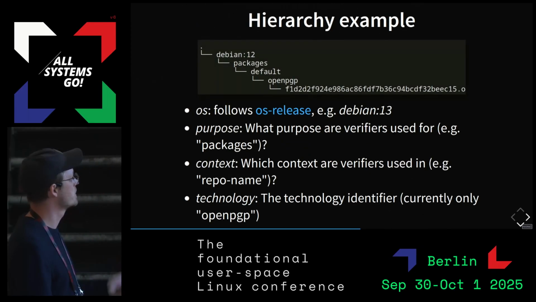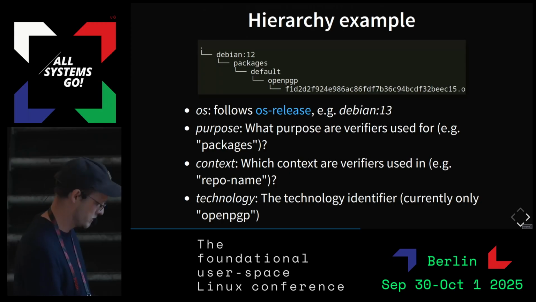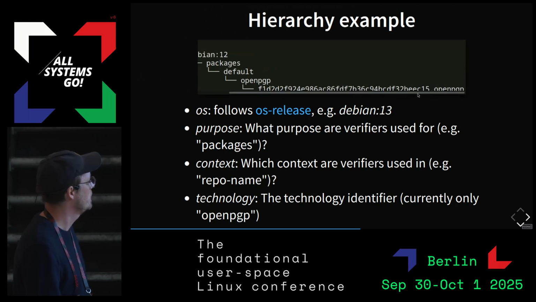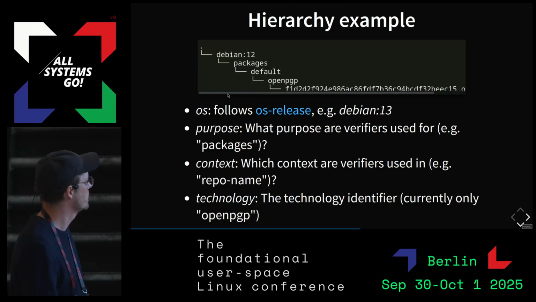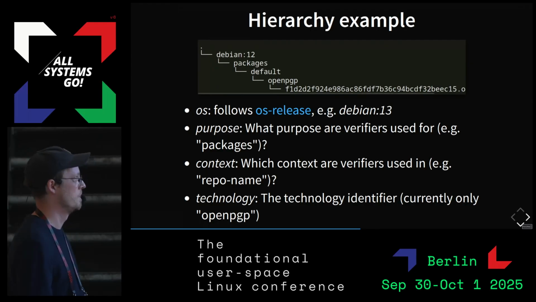This is roughly how it looks. For instance, for an OpenPGP example, it ends in .openPGP in this case. What you can see is that we have this lookup directory, and it's a semantic hierarchy for a particular operating system, in this case Debian 12, and we're making available a verifier for packages in the default role.